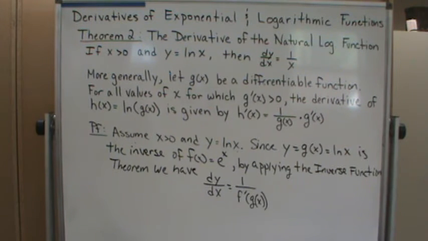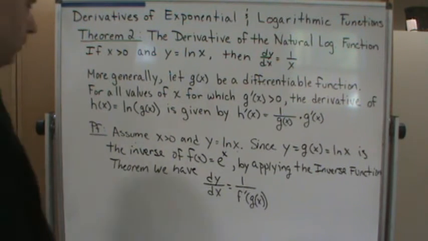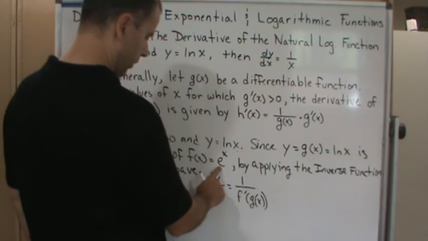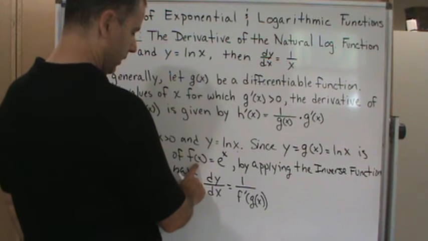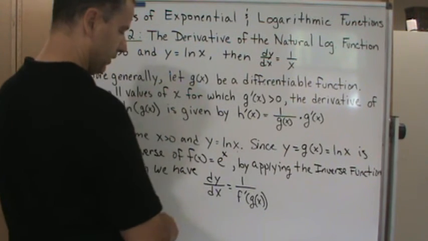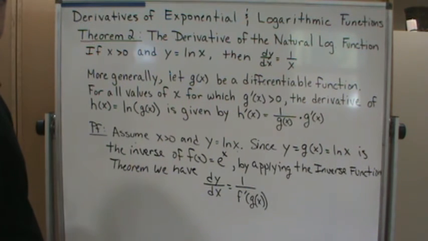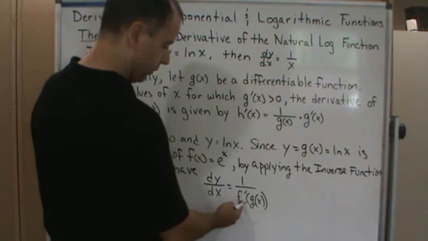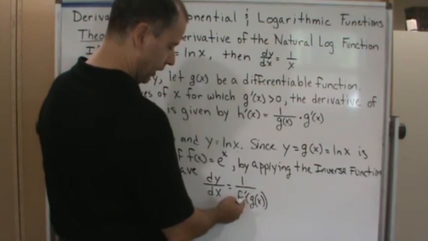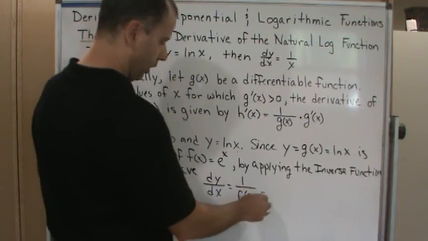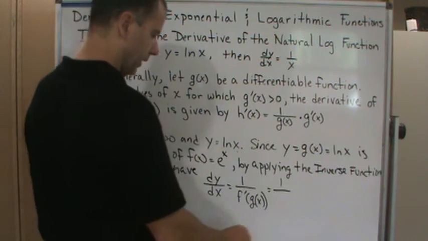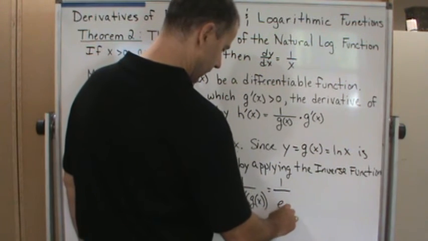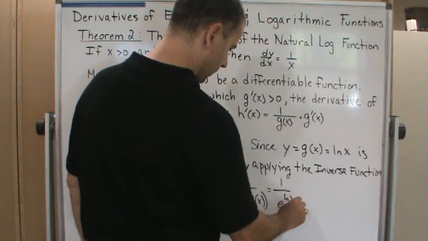Now, look here, all we're using is the fact that for this exponential e to the x, the derivative of e to the x is just e to the x. So when we do this composition here, f prime of g of x, all we're going to get is 1 over e to the g of x, which is the natural log of x.